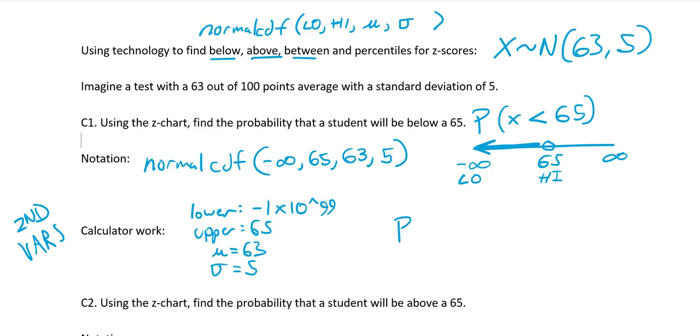So the probability of x being less than 65 is going to be equal to 65.5%. So I have a 65.5% chance of landing at a 65 or lower on this test, considering that my average was 63, give or take 5. So it's a pretty high probability.